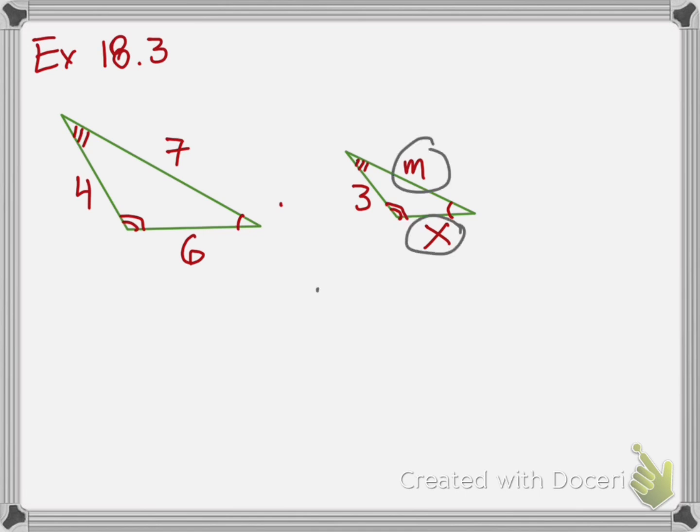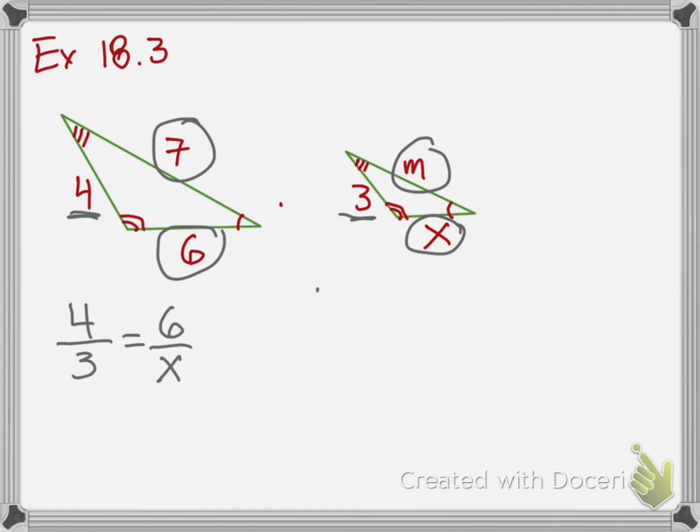So there will be 2 sides, the 6 and the 7, that are with the letters. So we have to work with 4 and 3. So that's going to be like our main fraction. And 4/3 is the same as 6, in this case, 6 over x. Notice that 6 is opposite to the one angle with 3, and x is opposite to the angle with 3, and so those two go together.